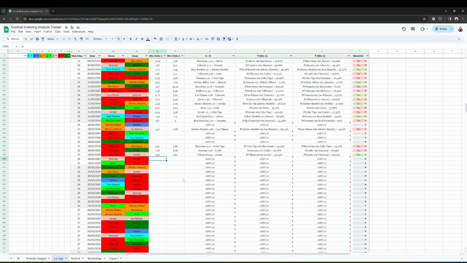If I was to select here, you can see that Valencia is a better team in my world at the moment than Sevilla, and the market agrees. Valencia playing at home 2.26, and Sevilla 3.34. You can compare that, right?